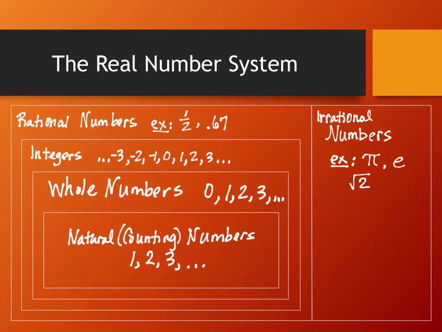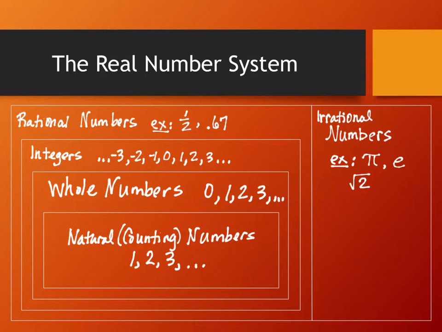Square root of 4 doesn't go in here because square root of 4 simplifies to 2, and that's on the other side of the box. But square root of 2 doesn't have that ability. If you put it into your calculator, it'll do much like pi does: it'll give you a decimal expansion that never repeats or stops. So we have our radicals over here as well.